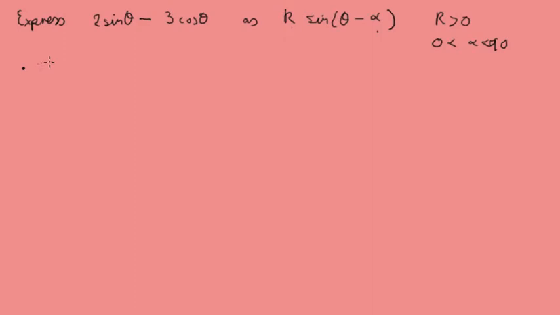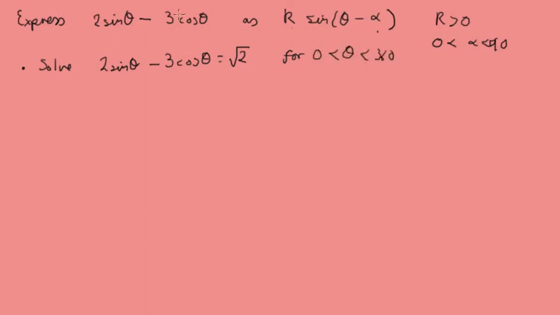Then we want to solve 2 sine theta minus 3 cosine theta equal to root 2. Hopefully you'll see that by doing this, solving something like this becomes a whole lot easier. And we're doing that for theta between 0 and 360.